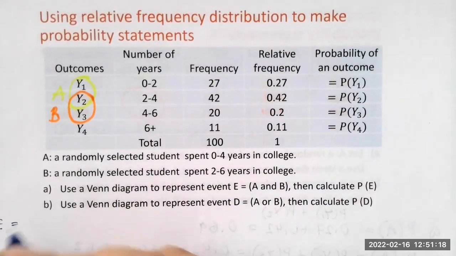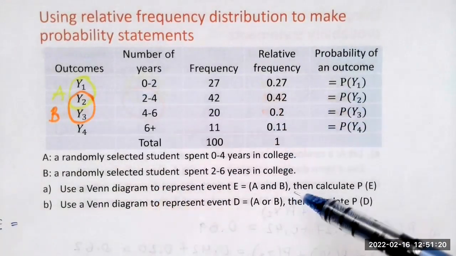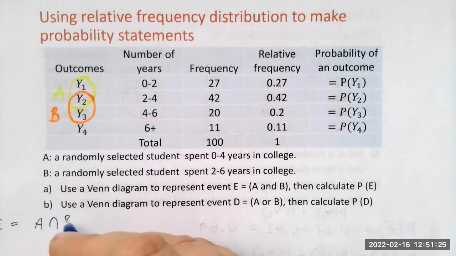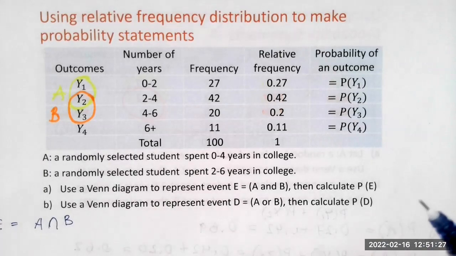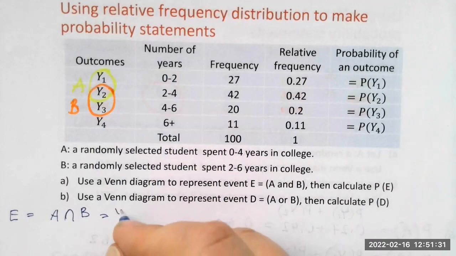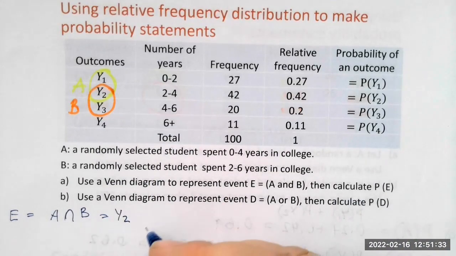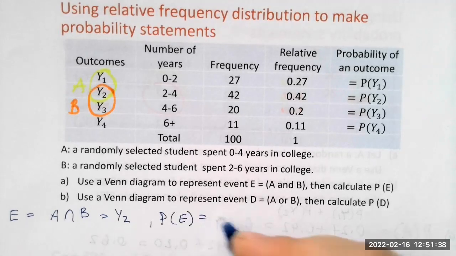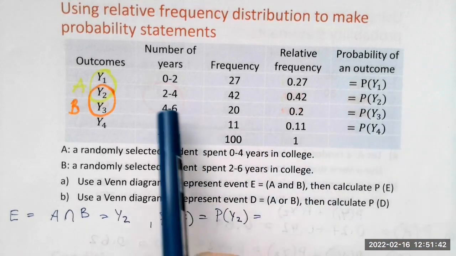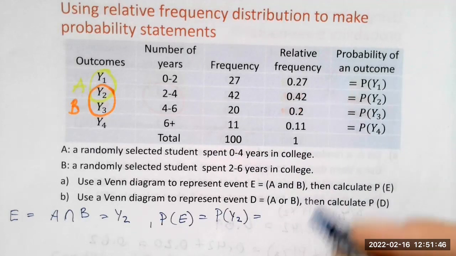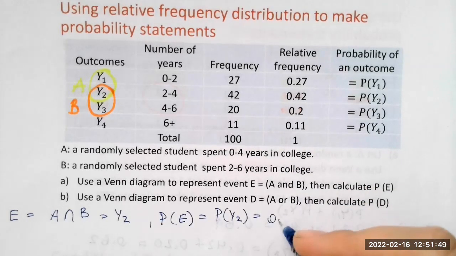Event E, with the word and, means an overlapping of A and B. So that would be our outcome Y2. And so the probability of event E would be the probability of Y2, which is 0.42.